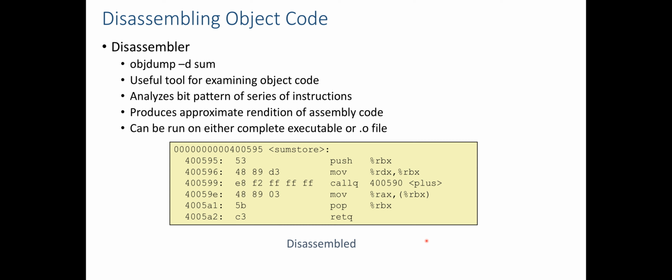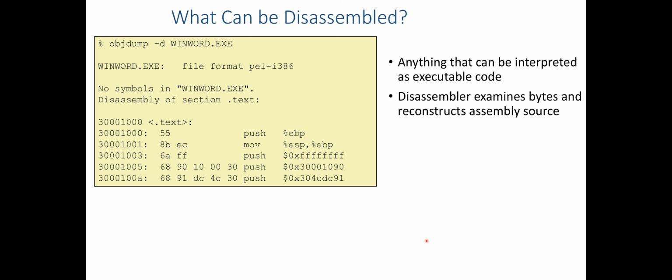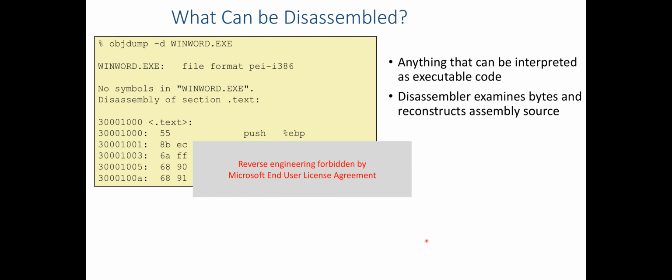This can be handy when we want to take some executable and see if we can figure out what's inside of it. You do have to be careful, though. Anything can be disassembled. So here's an example of doing it on Microsoft Word. But you have to be careful because a lot of companies will actually forbid reverse engineering.